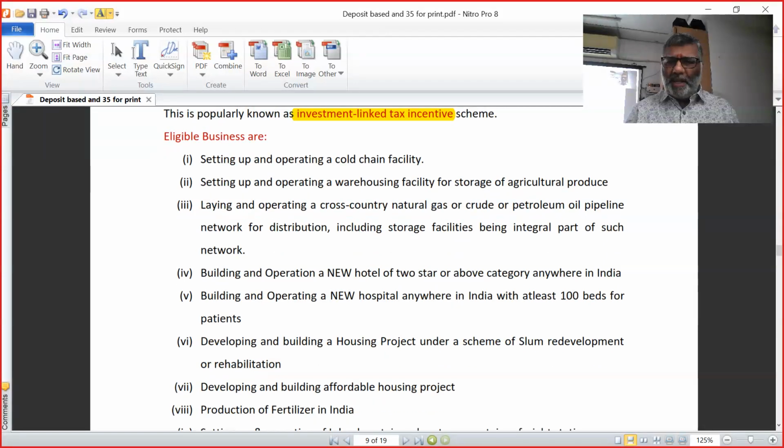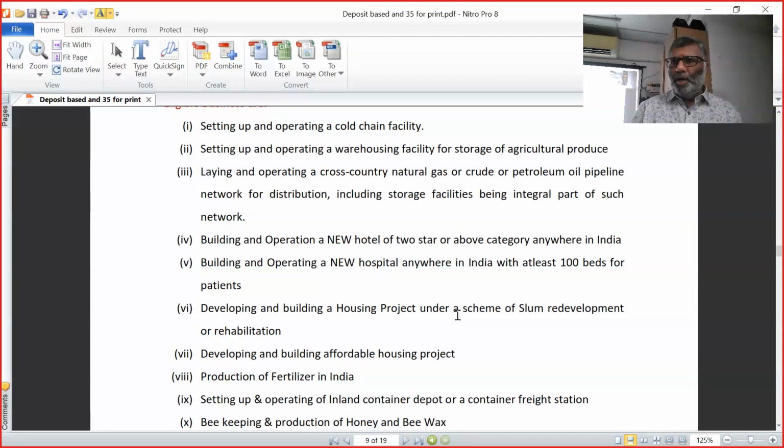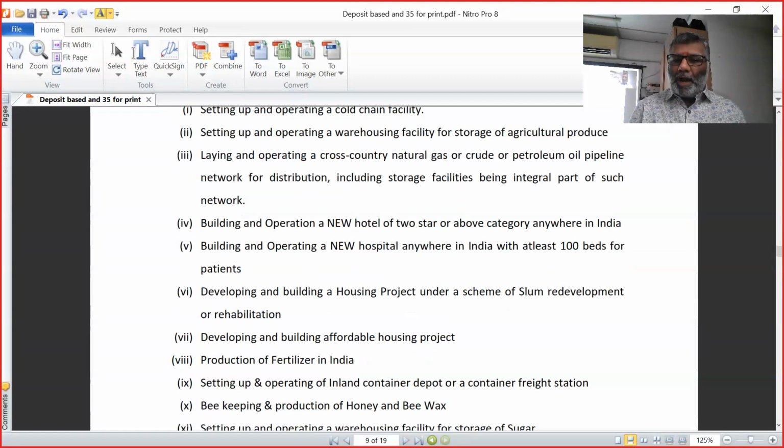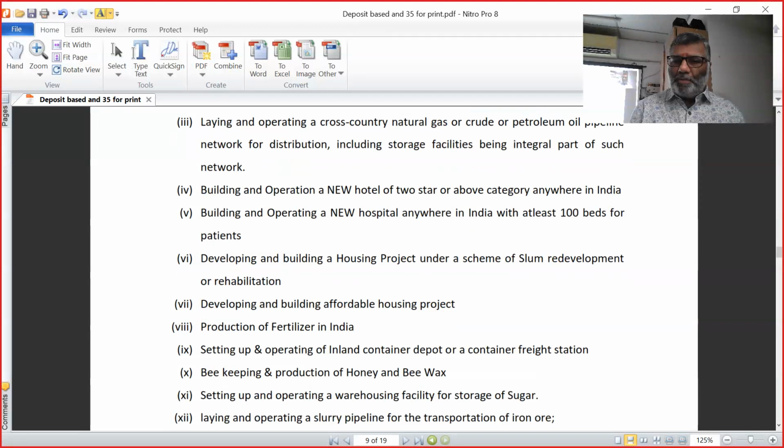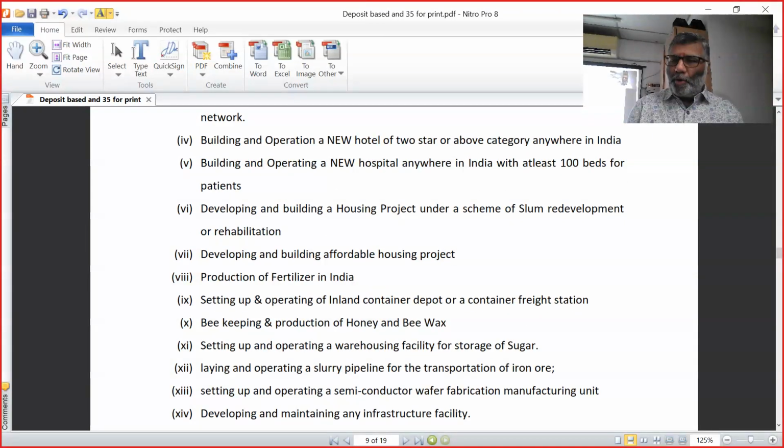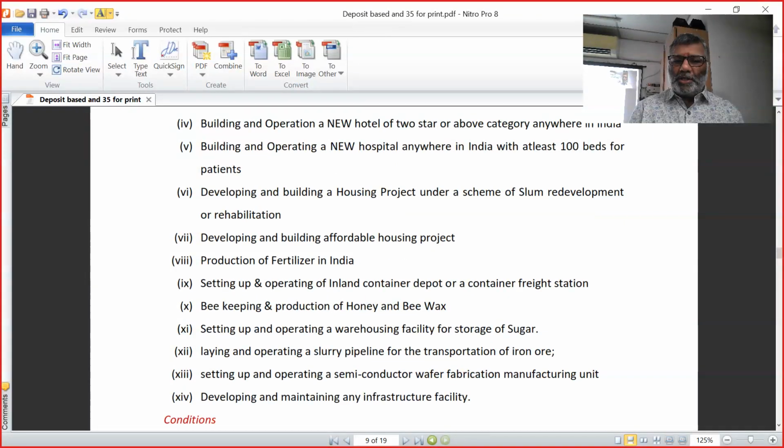Cold chain facility, agricultural storage. We know that in our country agricultural production is very massive, but our storage facility is very poor. Perishable items we are unable to store. Except Food Corporation of India, there is nobody big there. 2-star or above category hotels, hospital with 100 patient beds, housing projects, affordable housing projects, which you will also see in 80IAC.